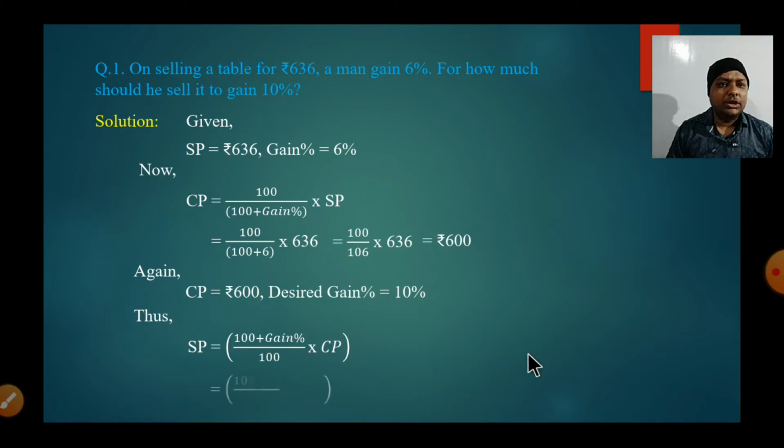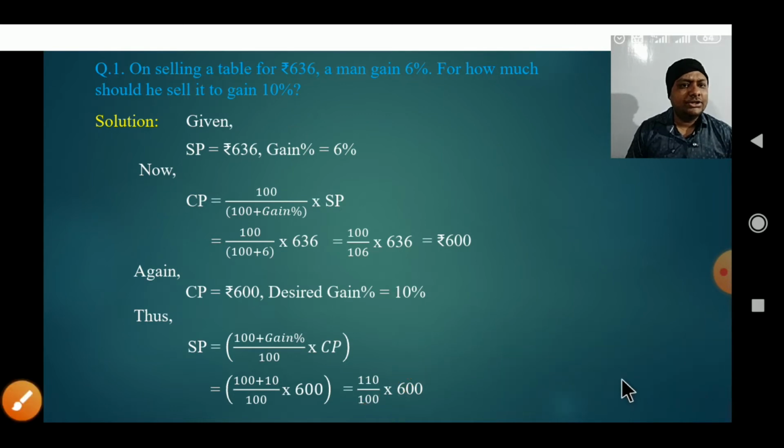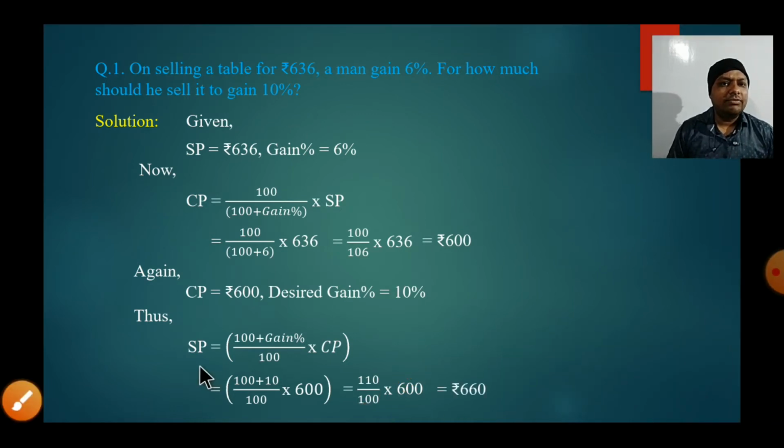Put the value: 100 plus 10 by 100 into 600, which is 110 by 100 into 600. Simple, 100 into 1 and 100 into 6 gives 600. After multiplying, you will get 660, and that will be the SP. I hope you have all understood, students. That will be our answer.